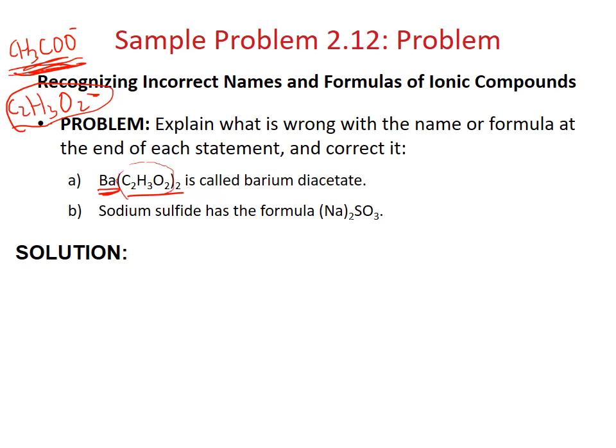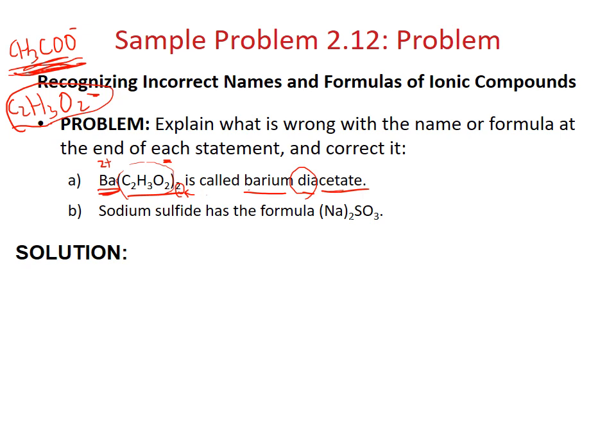Now acetate has 1 negative charge. Barium is group 2 metal, so you have 2 plus. To balance the charge, you need 2 acetate, and that's why you have 2 here. Now the name given is barium diacetate. Di is a prefix to tell you you have 2 acetate here.